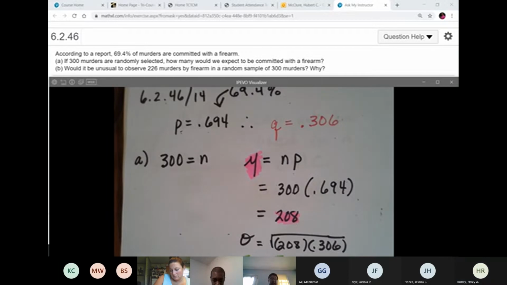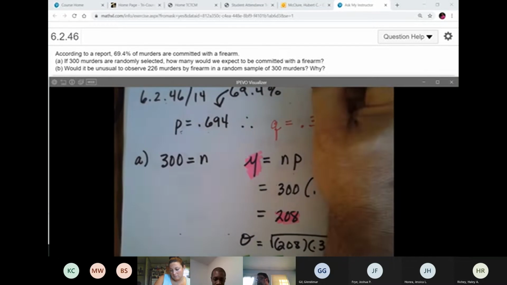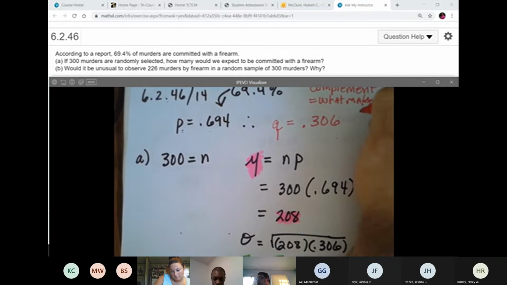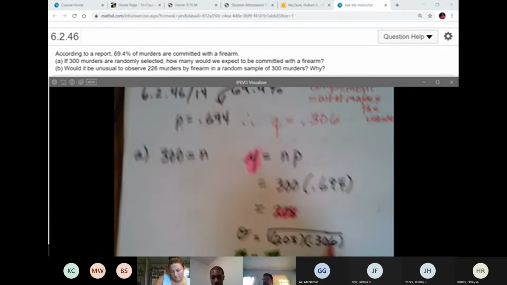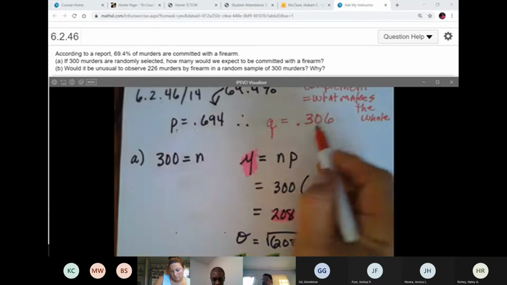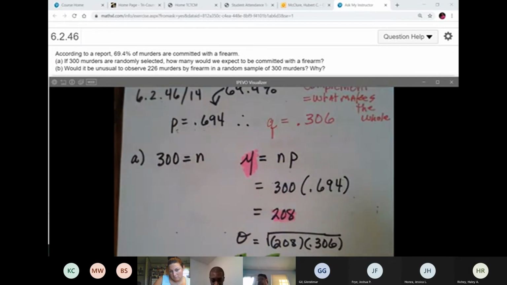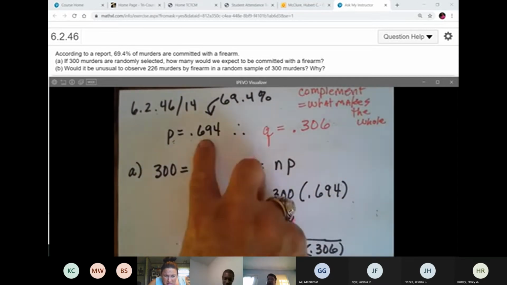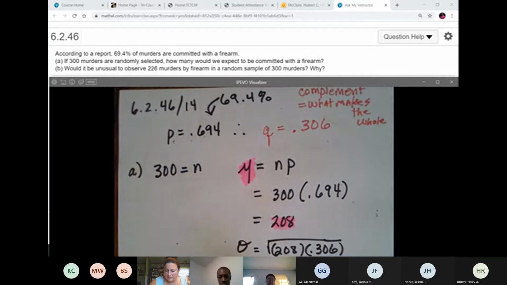The complement is what makes up the whole. And what is the whole in probability? 1. So if this is 0.694, then you subtract that from 1, and that gives you 0.306. You subtract 0.694 from 1. Okay.